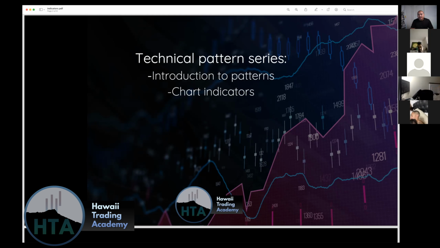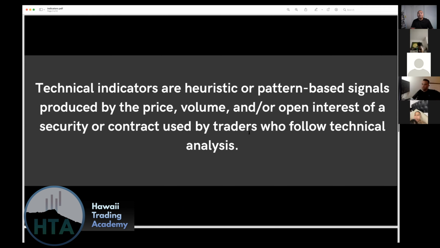This is strictly just a tool for you guys to use when you are going into the trading week and setting up your charts. Technical indicators are heuristic, or pattern-based, signals produced by the price, volume, or open interest of a security or contract, used by traders who follow technical analysis.